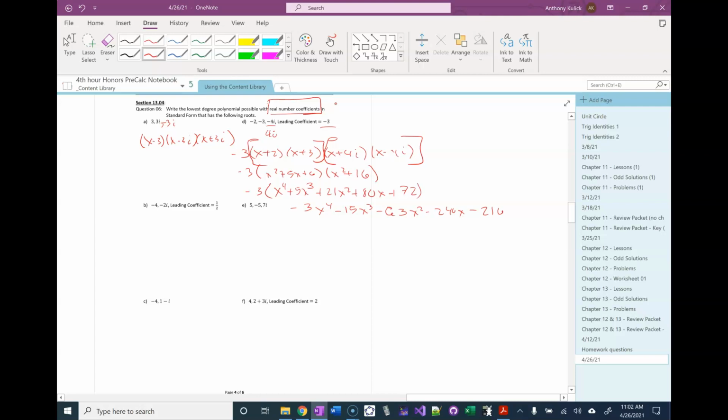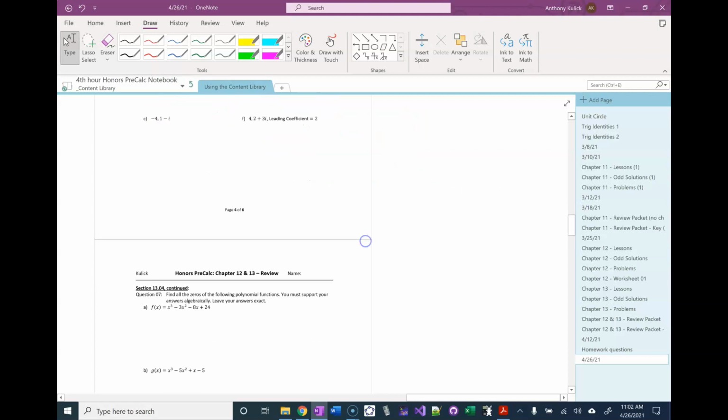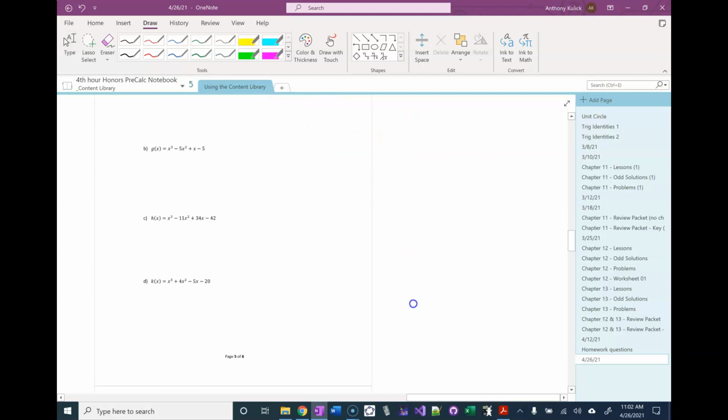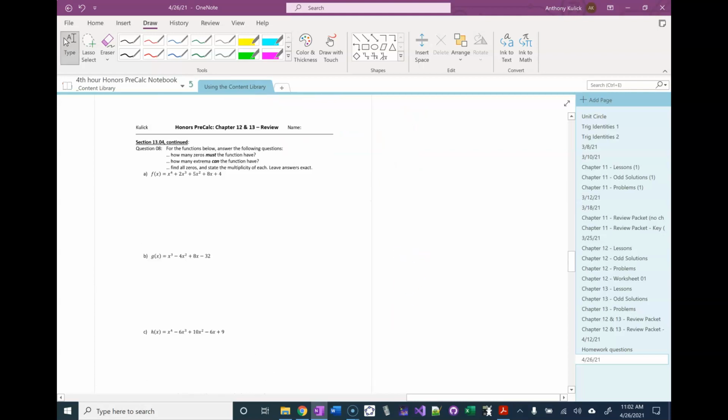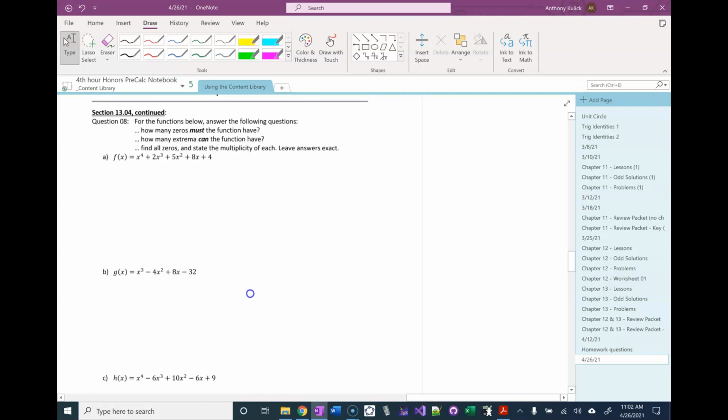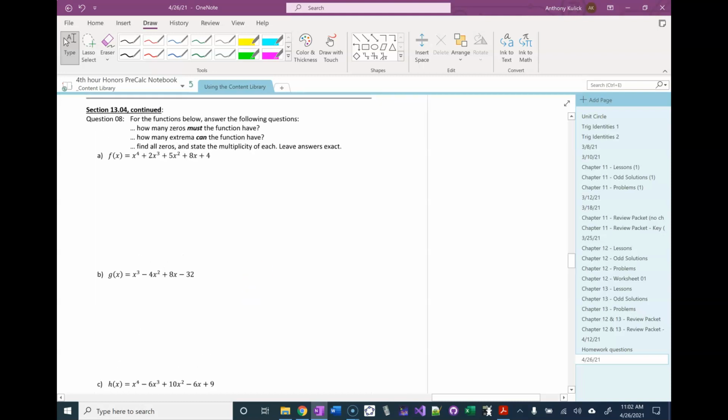Sophia? Question. It's just a generalized question. So scroll down. Okay, it's asking for the zeros, the extreme, and all that stuff. Do we have to do algebra? Find all the zeros and state the multiplicity.